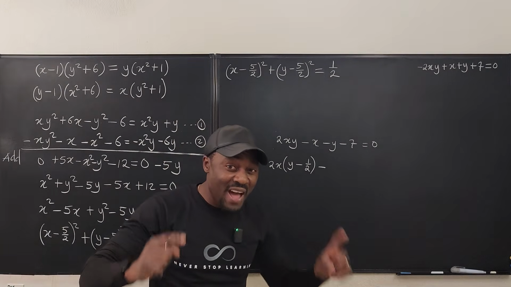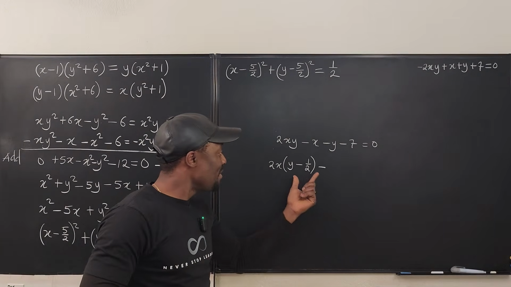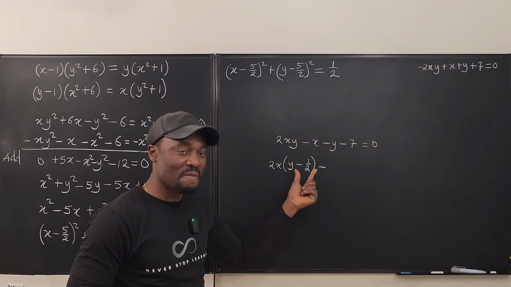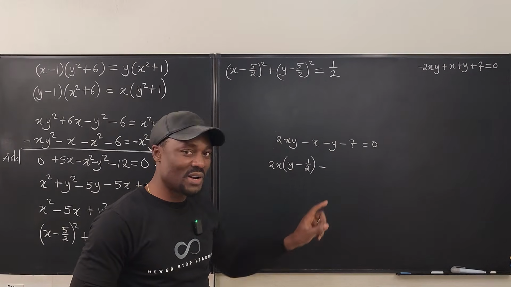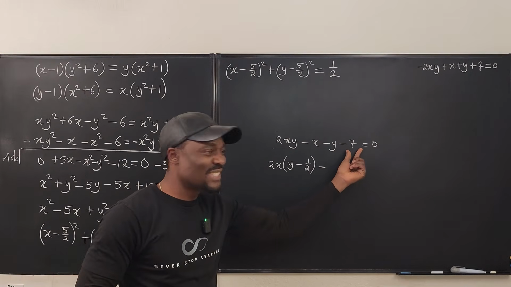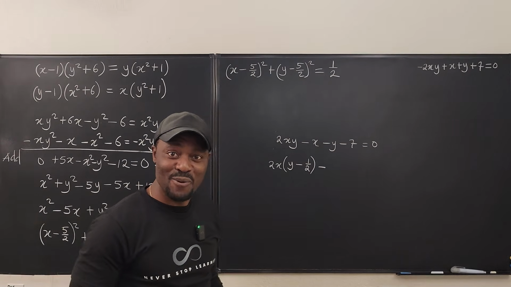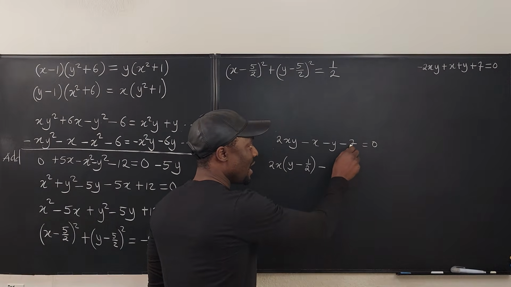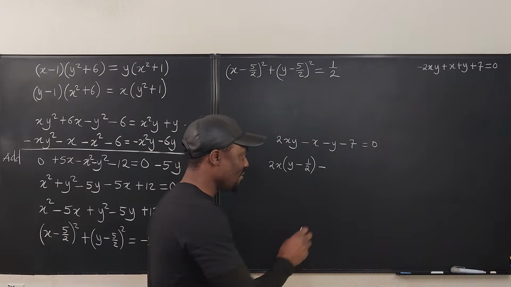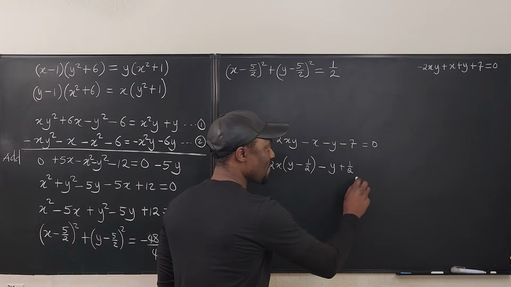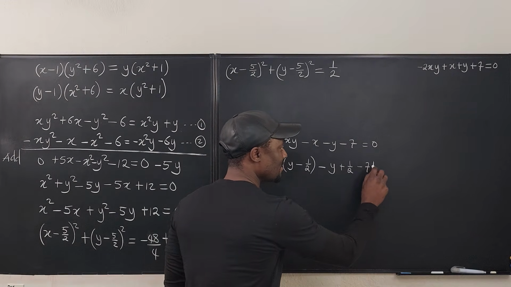In order for this factoring to work, whatever I get in the parentheses here has to be y minus 1/2, but I don't have y minus 1/2 here. What I have is minus 7. Well, since this is a constant, I can do anything I want. So instead of writing this as y minus 7, I can write it as minus y plus 1/2 minus 7/2.